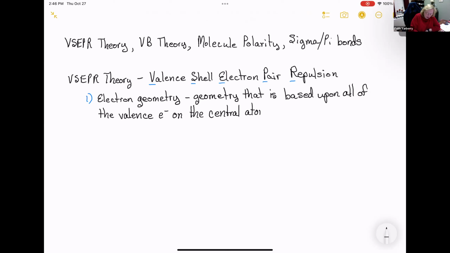When I say all valence electrons, I am talking about the bonding electrons as well as the non-bonding electrons or lone pairs.